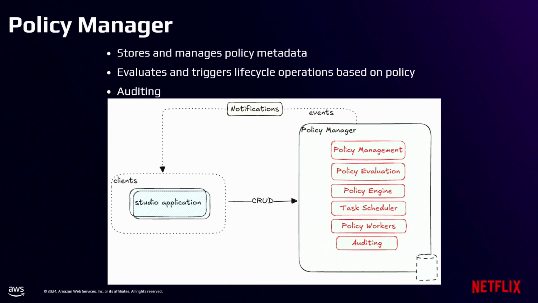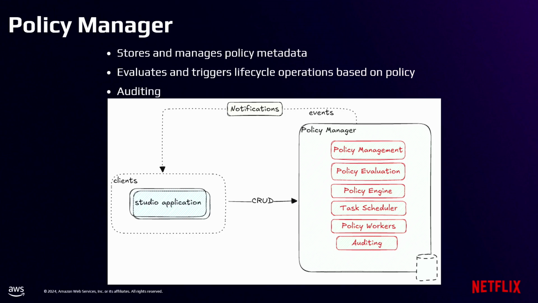Policy Manager provides the capability to store and manage lifecycle policies for assets. This is the brain for determining the next steps in the lifecycle of an asset. Policy Engine evaluates individual policy definitions to determine which assets are eligible for a specific lifecycle operation.